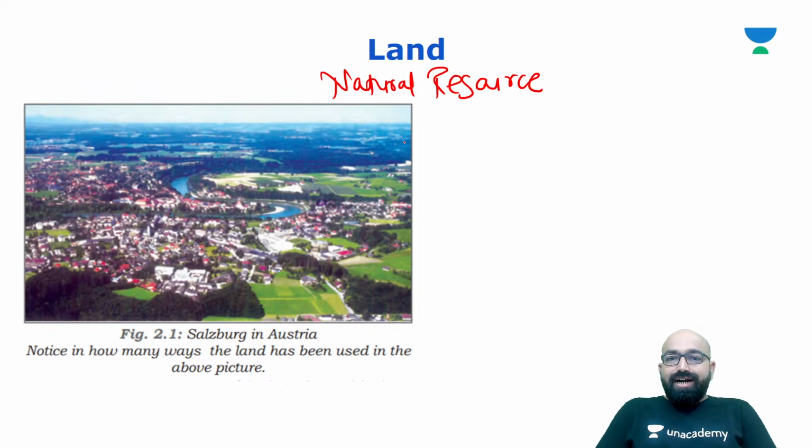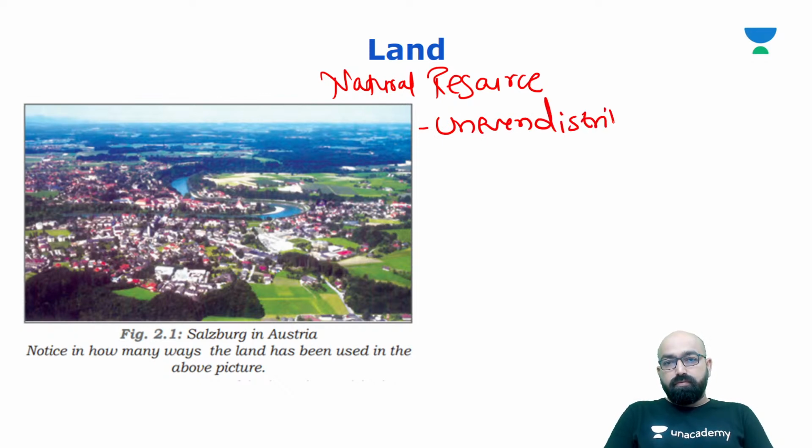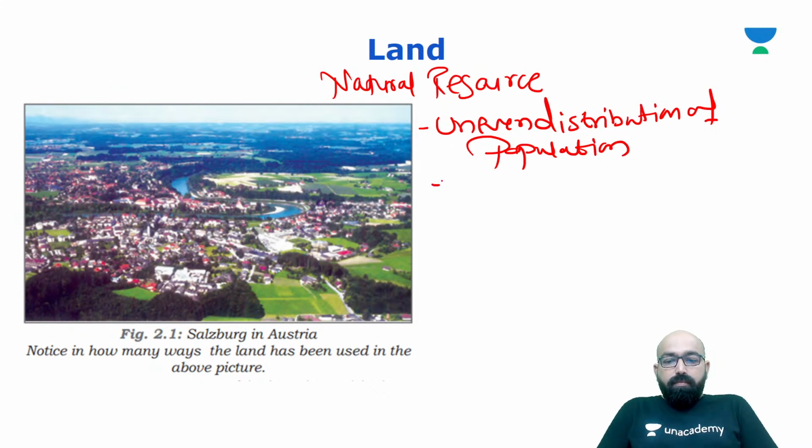Now, the uneven distribution of population in different parts of the world is mainly due to varied characteristics of land and climate: the rugged topography, steep slopes of the mountains, low-lying areas.